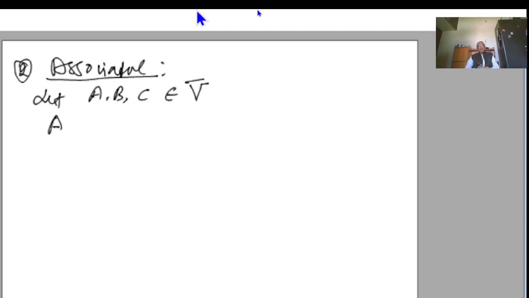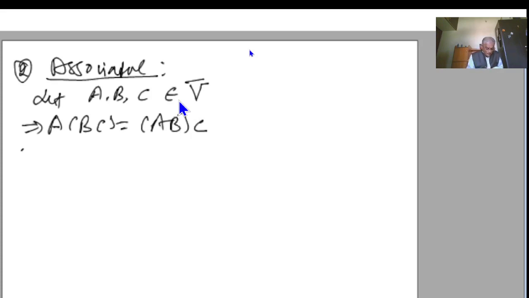A is nothing but A1 plus B1 into root 2, where A1 and B1 belong to rational numbers, meaning it is nothing but a real number. So every element of V is nothing but a real number. For real numbers, multiplication is associative. This implies A into BC equal to AB into C. Associative law is satisfied.